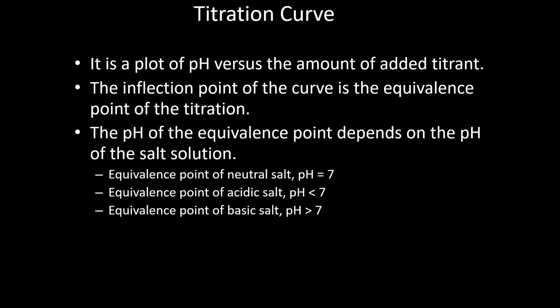So the inflection point in the curve that we find here, because what's going to end up happening, and we'll see some graphs here in just a second, if we start with an acid, so we have pH over here, mils of the titrant over here, we're going to start pretty low on the pH, and then as we start to put in more and more of that titrant, we're going to have a pretty steep increase in the pH right around the end point, and then it'll level off again.